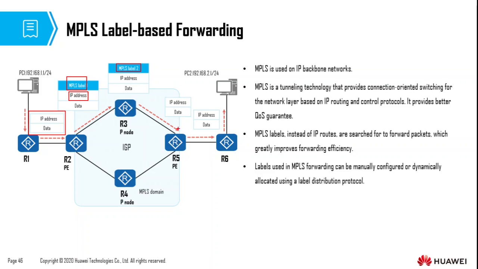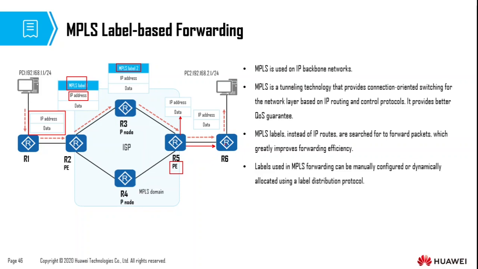Now, when it's getting out of the ISP domain or MPLS domain, the other provider edge router is going to remove the MPLS header and forward this particular packet now using the IP header. So on this particular device, we are going to remove the MPLS header because we are sending it out of the MPLS domain and sending it using the IP header.